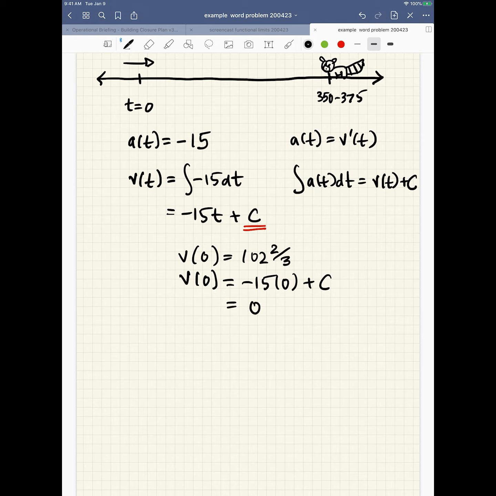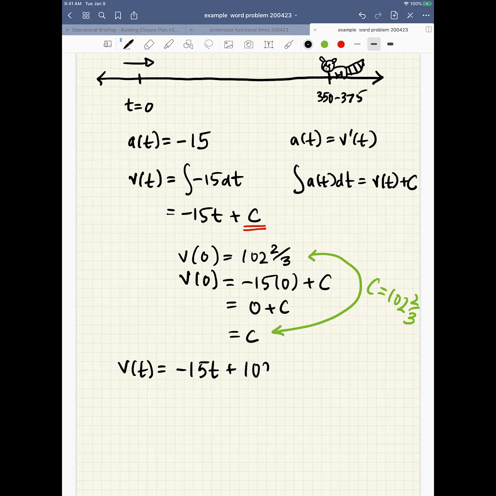Well, that's 0 plus c, which is just c. So here I've got two ways to describe the same thing, v at 0. That means that the things on the right side must be the same. So c must be equal to 102 2/3. So this tells me that my velocity function is negative 15t plus 102 2/3. Right? So here I can figure out how fast I'm going at any one time.